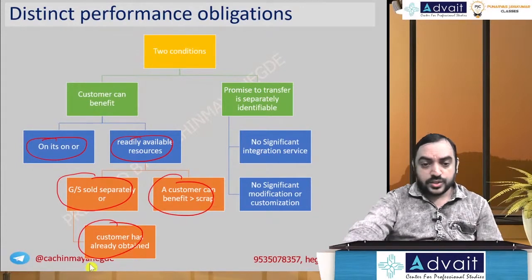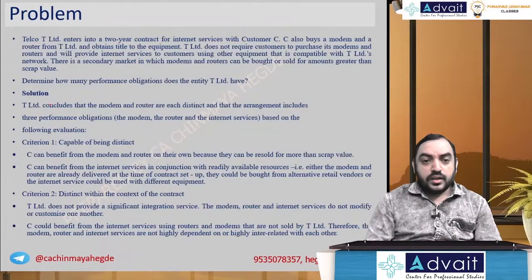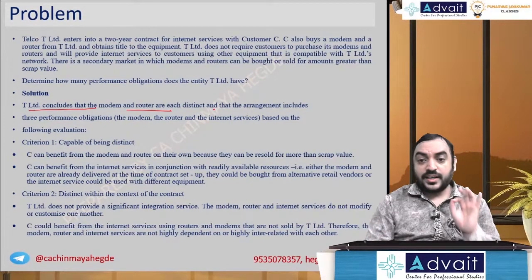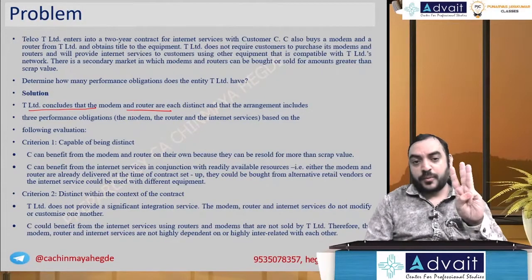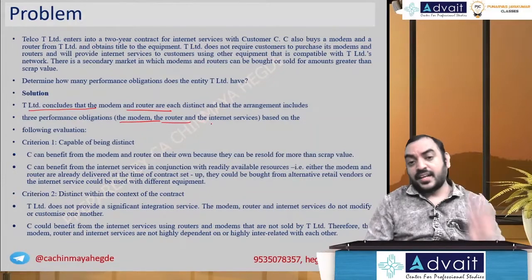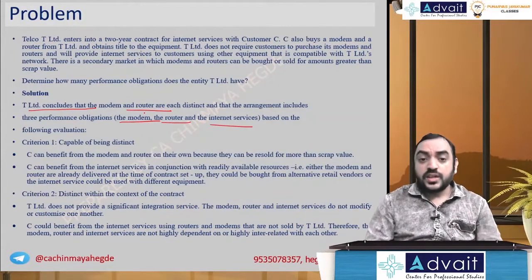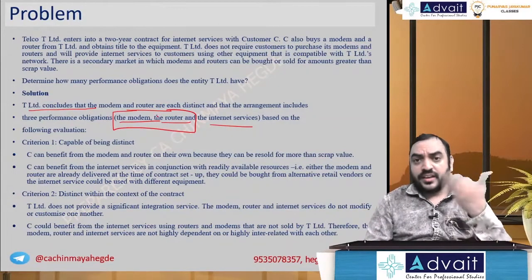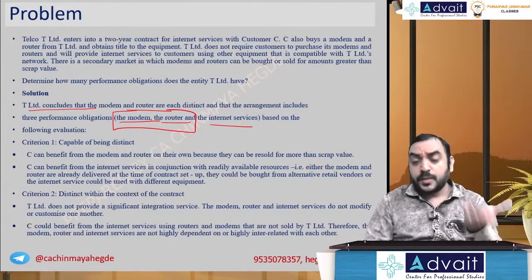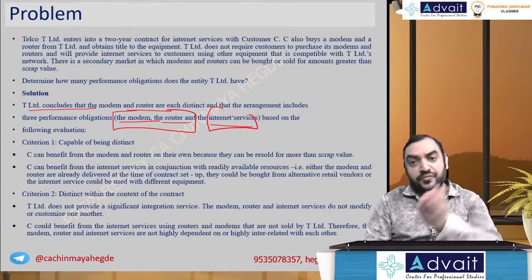So let me just see what the institute has told. T Limited concludes that the modem and router are each distinct and management includes three performance obligations. Modem is one, router is one, internet service is one. Which means for the modem and router you can recognize the revenue immediately, but for internet service, revenue should be recognized over a period of time.